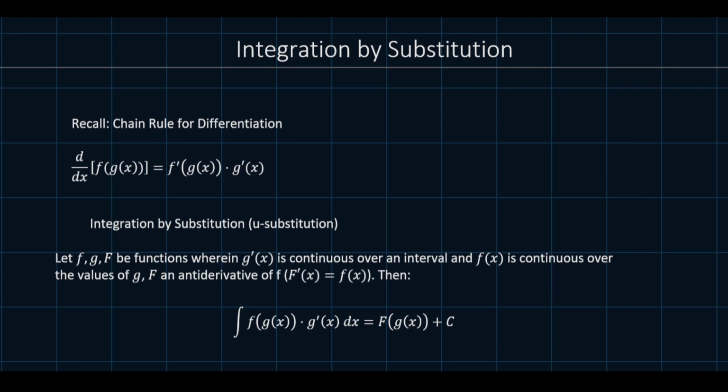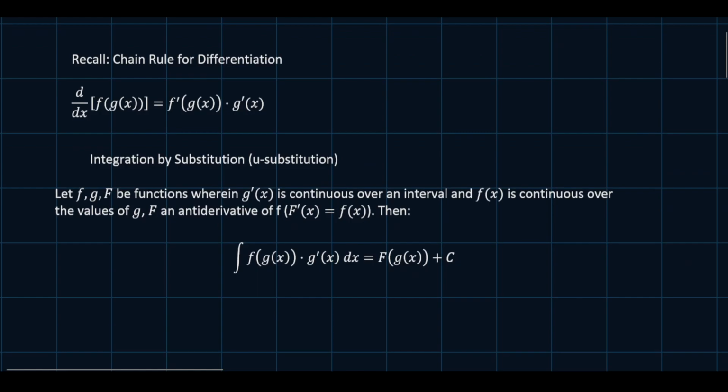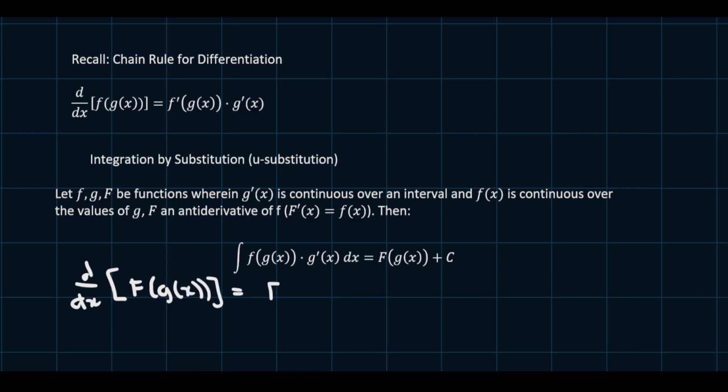Now, kaya ito ay kabaliktaran ng chain rule kasi kung ibe-base natin sa chain rule, but this time palitan natin. So, if we want to get the derivative of capital F of g of x, if we apply the chain rule, this is f prime of g of x times g prime of x.